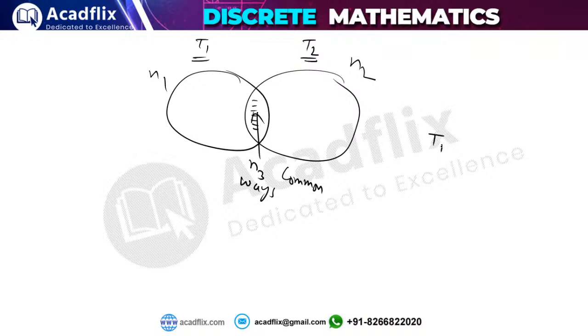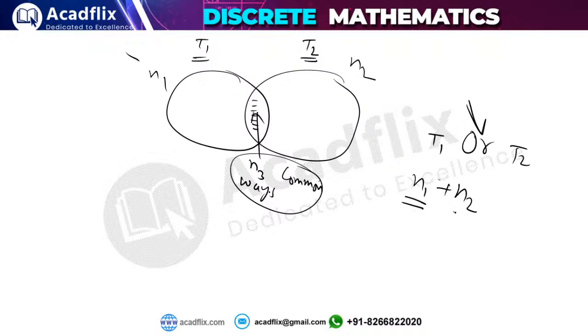Then you want to do either T1 or T2. How many ways will there be? Because of this "or", the summation rule will come, so you will do n1 plus n2. But remember, these n3 ways are common. So these n3 ways you have counted here and you have counted here, so you have counted them twice.